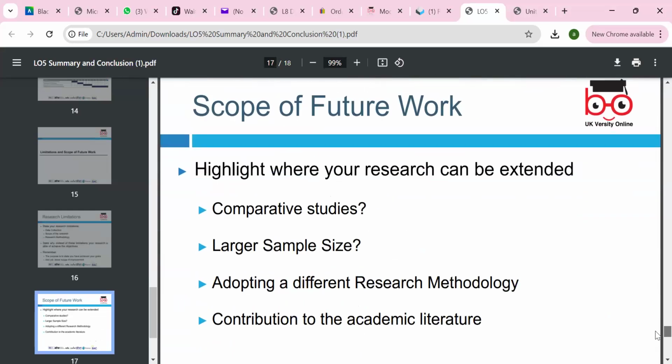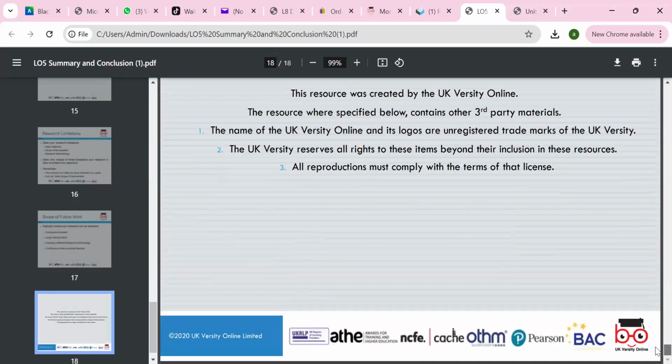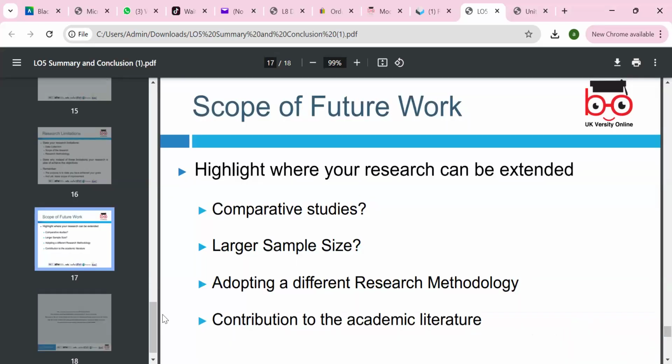Highlight where your research can be extended, such as a comparative study, larger sample size, adopting different research methodologies, and contributions to the research literature. Next we will go through some old dissertations and look at how we can do the work.